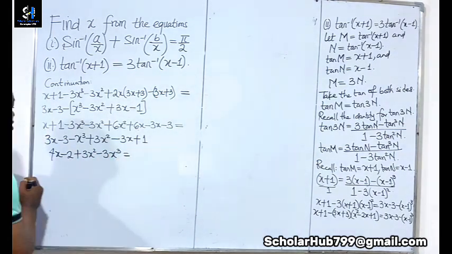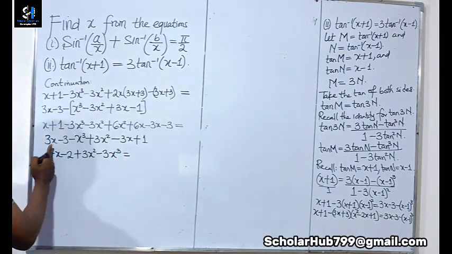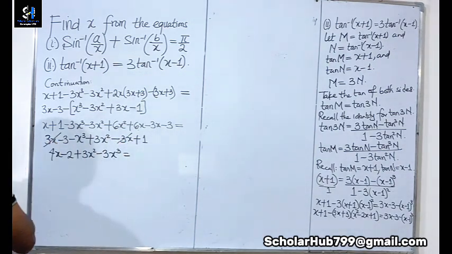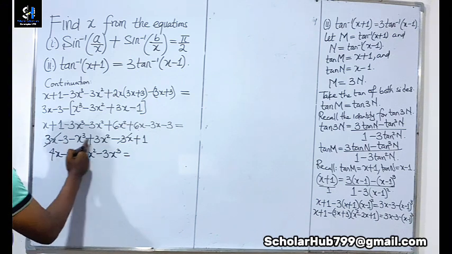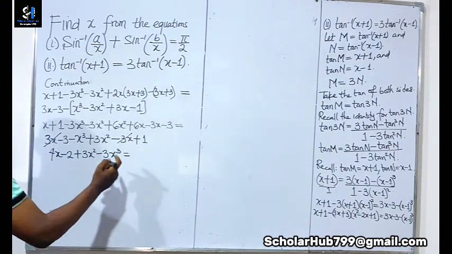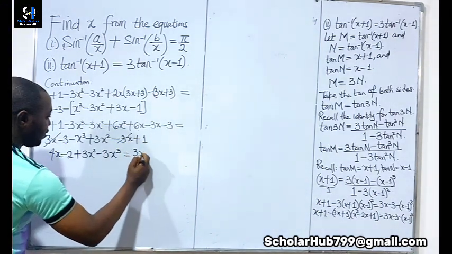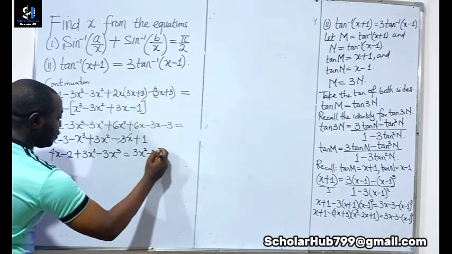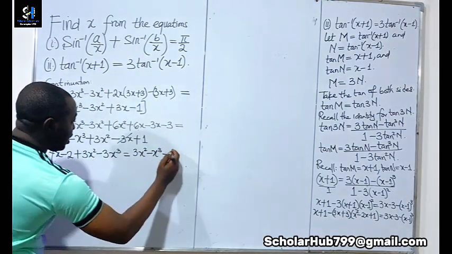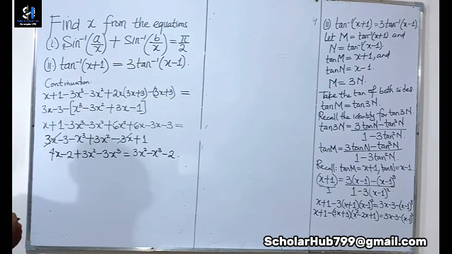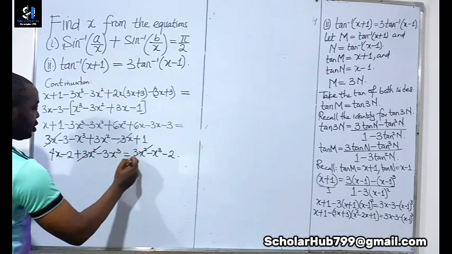On the right hand side, we're going to have 3x minus 3x, which will be 0. Then negative 3 plus 1 will be negative 2. So we're going to have 3x squared minus x cubed minus 2 equals 0.